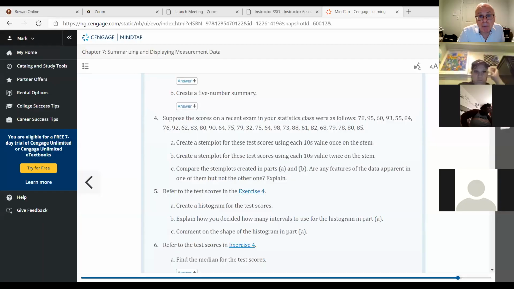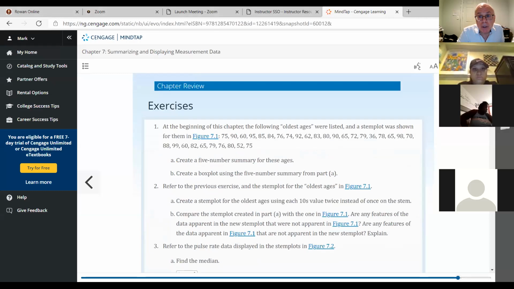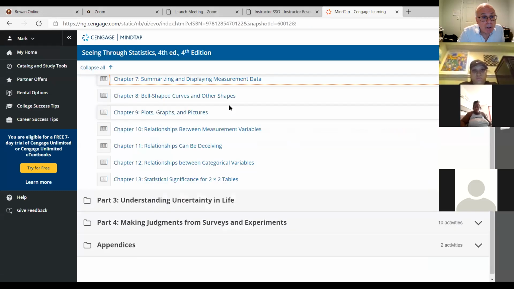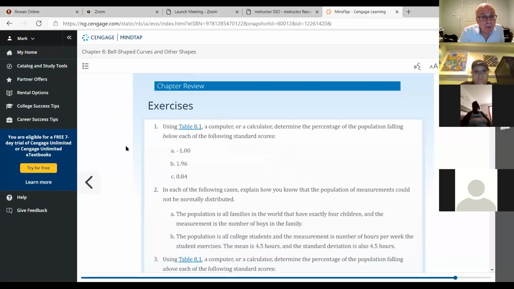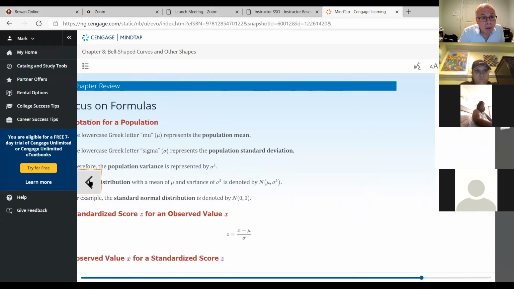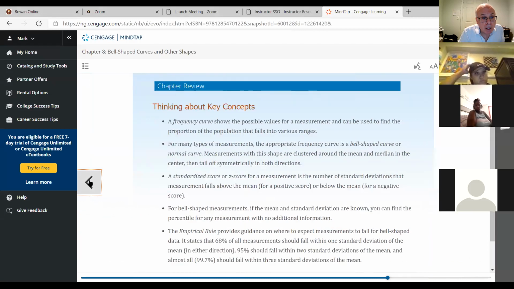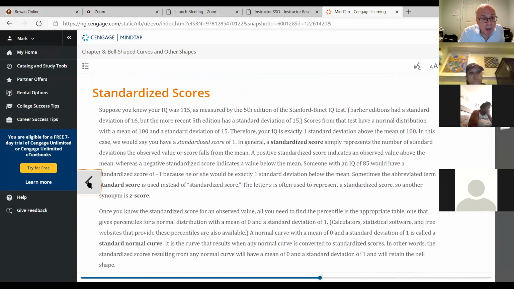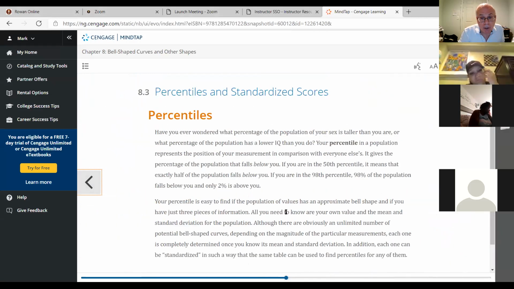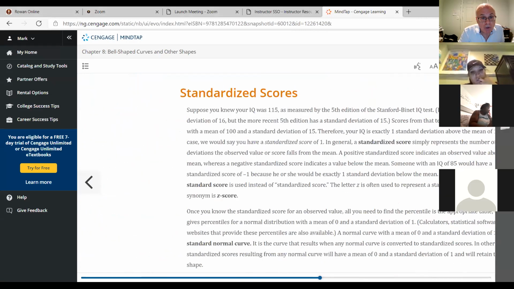All right, let me go back to the ebook here. Go to chapter 8. Let me see if I can find it in the ebook. There. Now they talk about percentiles here. Here's the standard scores.